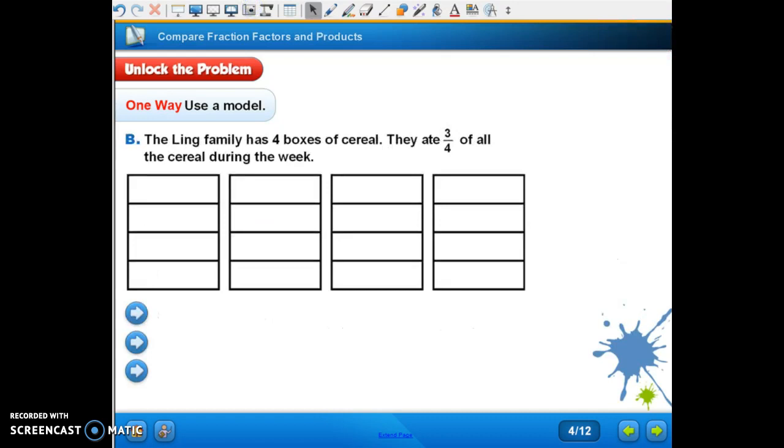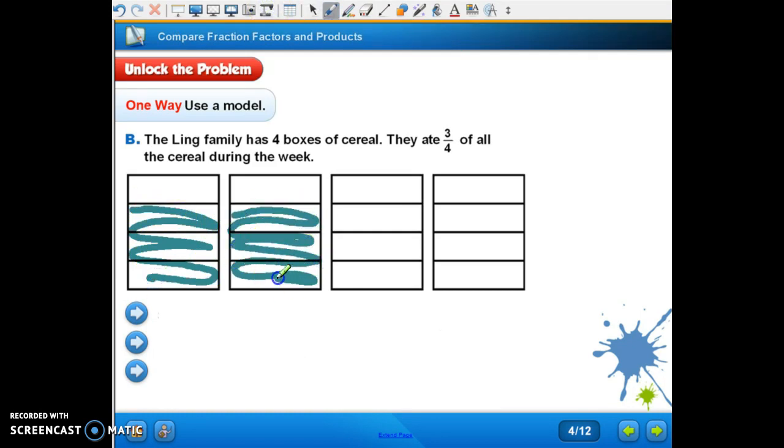B. The Ling family has 4 boxes of cereal. They ate 3/4 of all the cereal during the week. So they ate 3/4 of each box, because it says they ate 3/4 of all their cereal and they had 4 boxes.